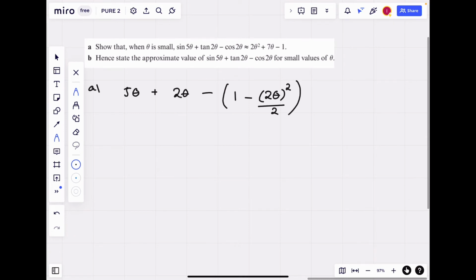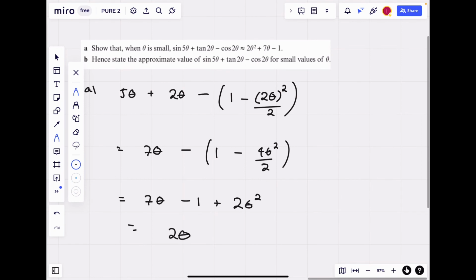Because remember, the multiple 2 only applies to the theta, doesn't apply to the whole thing. And now we simplify. So 7 theta minus bracket 1 minus 4 theta squared all over 2. And that becomes 4 over 2 is 2 theta squared. So just rewriting that. There we go. And now we've shown it.